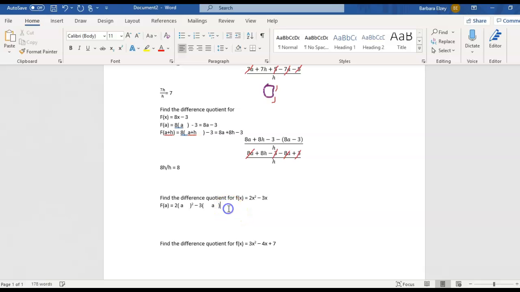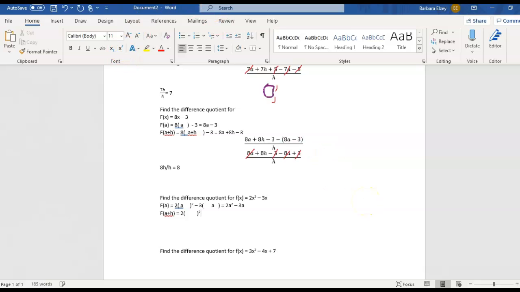And in this instance, we can easily drop our parentheses. We'll have 2a squared minus 3a. All right, now let's calculate f of a plus h. So just as I did with the last one, let's make parentheses where the x is in our original equation.